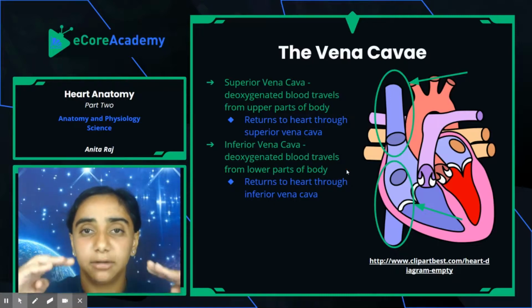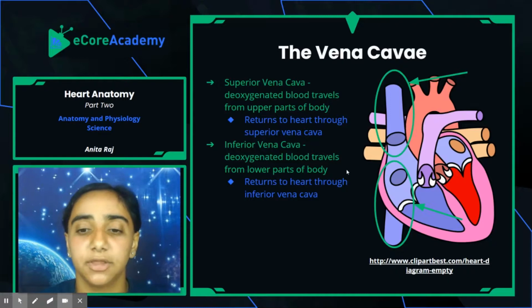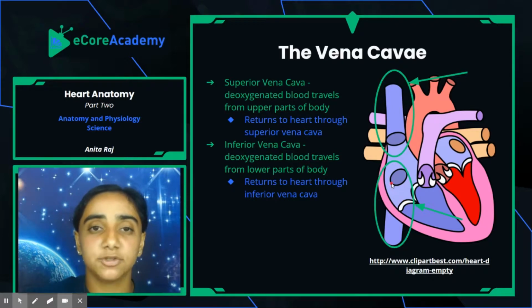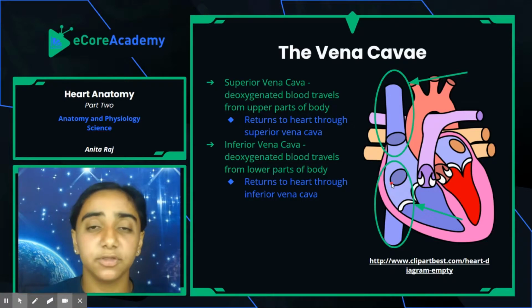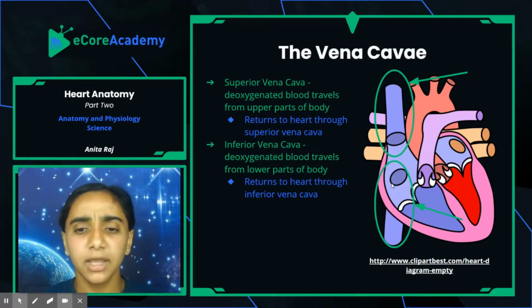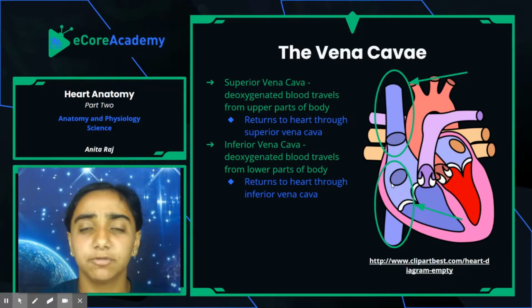So everything located below the heart is considered the lower part of your body. And this is called the inferior vena cava because someone who's inferior to you is below you. And lastly, it returns that deoxygenated blood to the heart using the inferior vena cava. So those are what the vena cavae are.